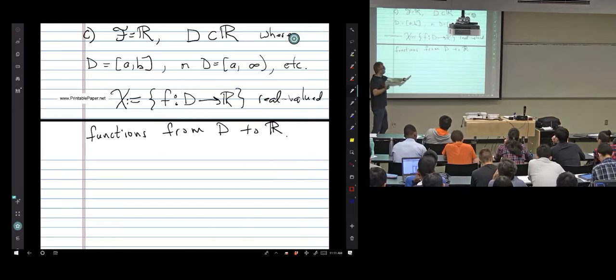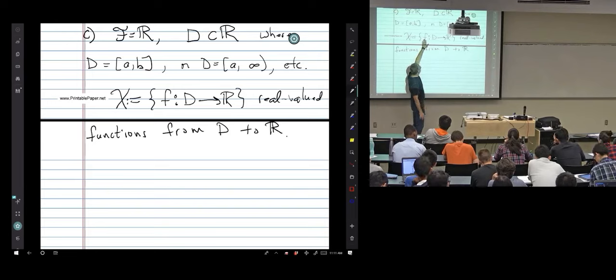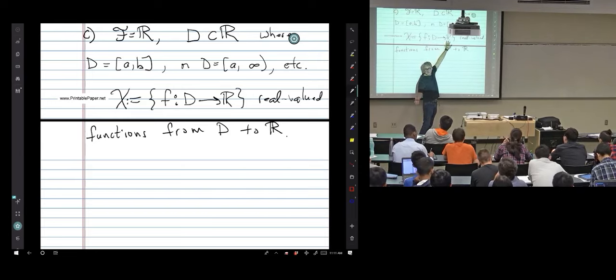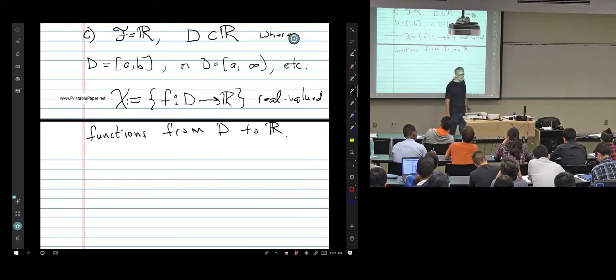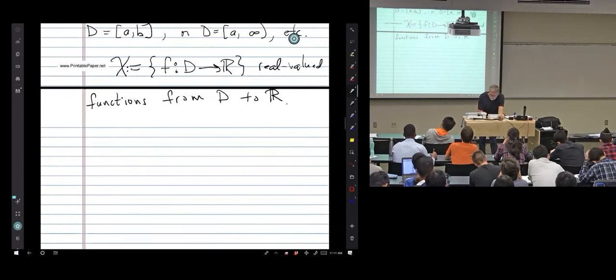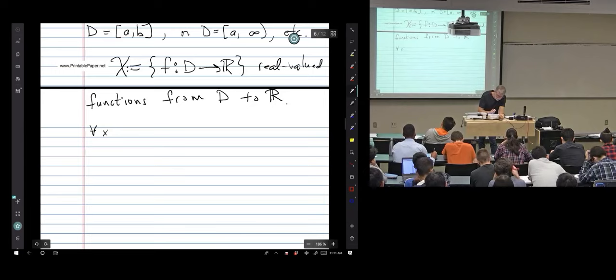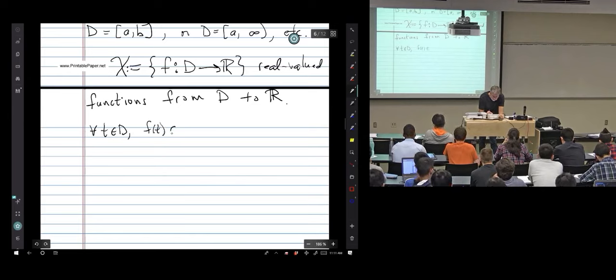People remember what a function is? It's a rule that takes elements in the first set and maps them to, or creates, elements in the second set. So for every point in here, f evaluated at that point is a real number. For every x, I'm going to use t, so let me do that. f of t is a real number.